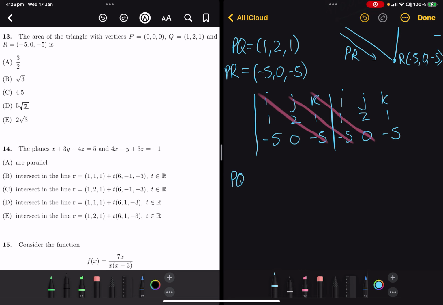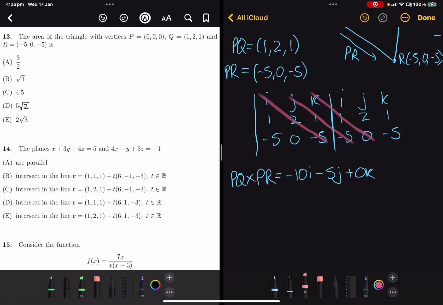So PQ cross PR is equal to i times 2 times -5, which is -10i, plus j times 1 times -5, -5j, plus k times 1 times 0, which is plus 0k.